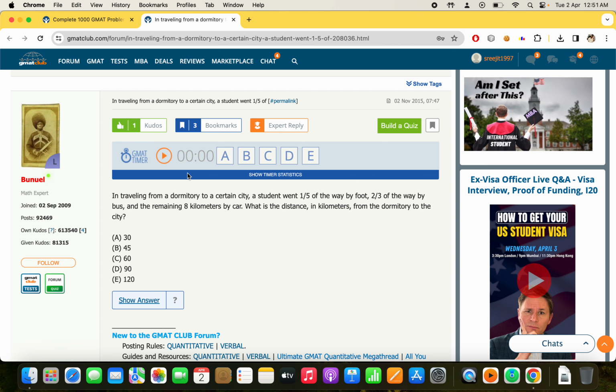Well, I think something is missing here, because remaining 8 kilometers by car. I'm missing something. In traveling from a dormitory to a certain city, a student went one-fifth of the way by foot, nice, two-thirds of the way by bus. Okay, makes sense. And the remaining 8 kilometers he traveled by car.